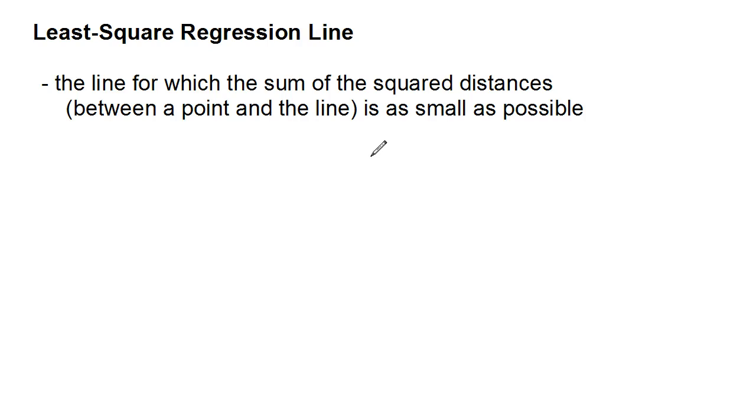What this equation looks like is y hat is equal to b sub 0 plus b sub 1 times x. If we were to reorder this a little bit, it would look like y is equal to mx plus b, our slope-intercept form.